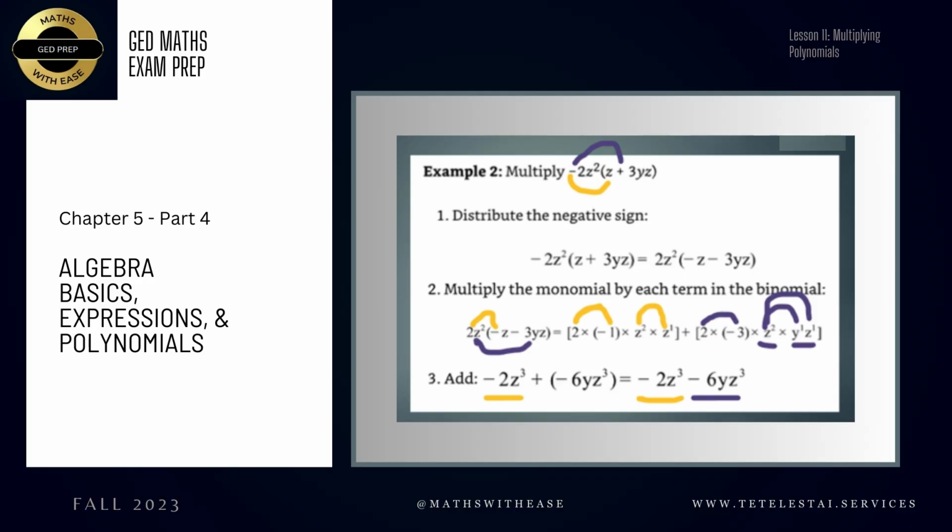So what's left over? We have z squared. Well, we have to find another variable within this term that's z, right? And we have one, it's z raised to the power of 1. So we know that z squared times z is z cubed. And so now we're done with both.